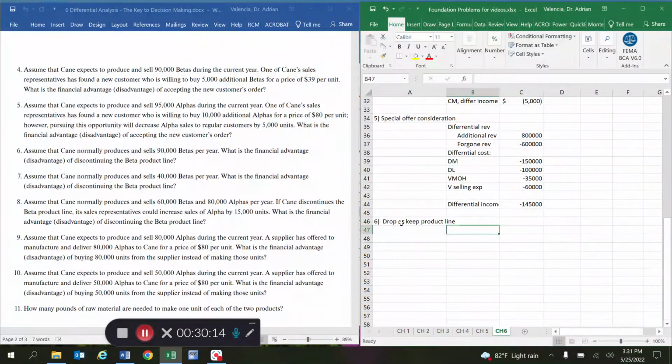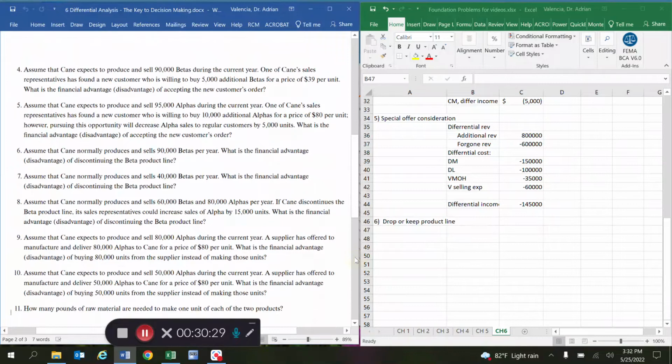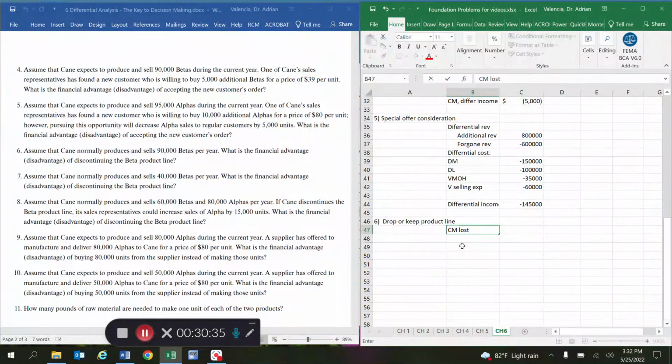Now, what's a little bit different here is that I know we have a positive contribution margin, but we also have traceable fixed manufacturing overhead costs that I can get rid of, and that can change things around. So let's look at number 6 here. The contribution margin lost, if we get rid of beta, is going to be, let me see, what's the contribution margin per unit?